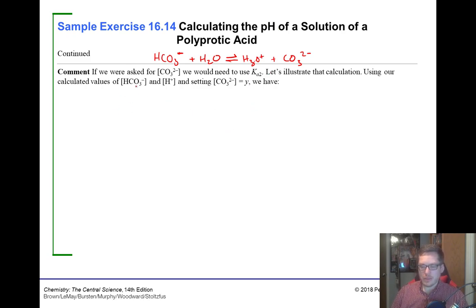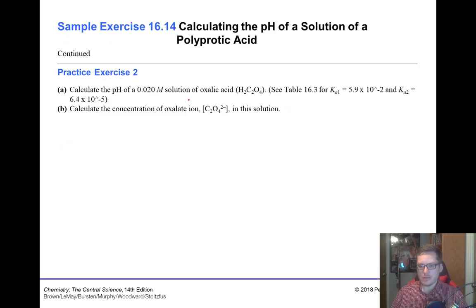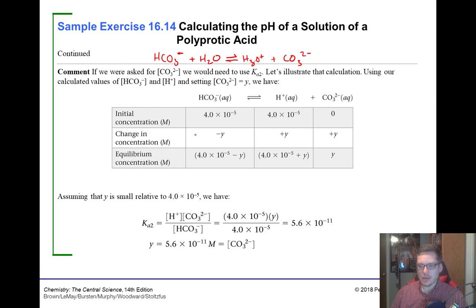Now, one thing you have to be aware of is that for the first reaction, we actually already calculated the equilibrium concentration of bicarbonate and hydronium. So this is our reaction that I wrote up here, and here's our ice table. Notice that our initial concentration is that 4.0 times 10 to the minus fifth that we got before, and that's also the concentration of hydrogen.